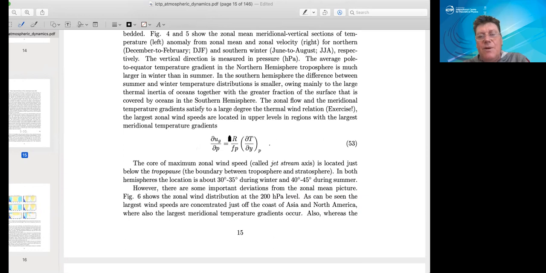Most of the time we may find that it's likely that the meridional temperature gradient is responsible for the vertical wind shear.